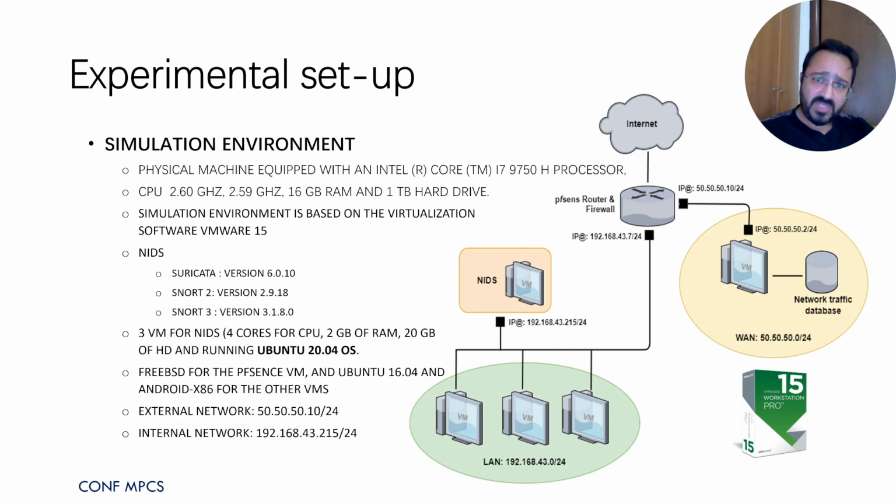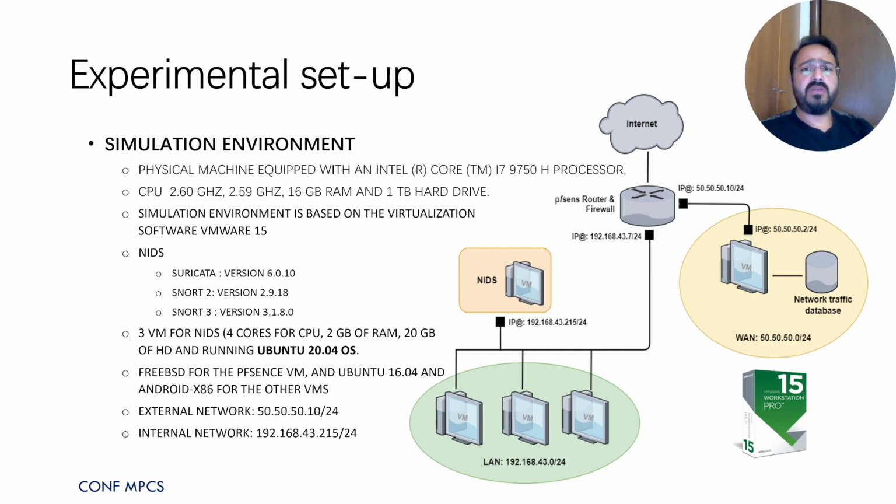Okay, so the idea here is to have the internet. We have an open source router firewall, pfSense, which was configured to allow all the traffic. It didn't block any IPs, etc. So everything was coming through the firewall, this pfSense router, and then it was going to the virtual machines.